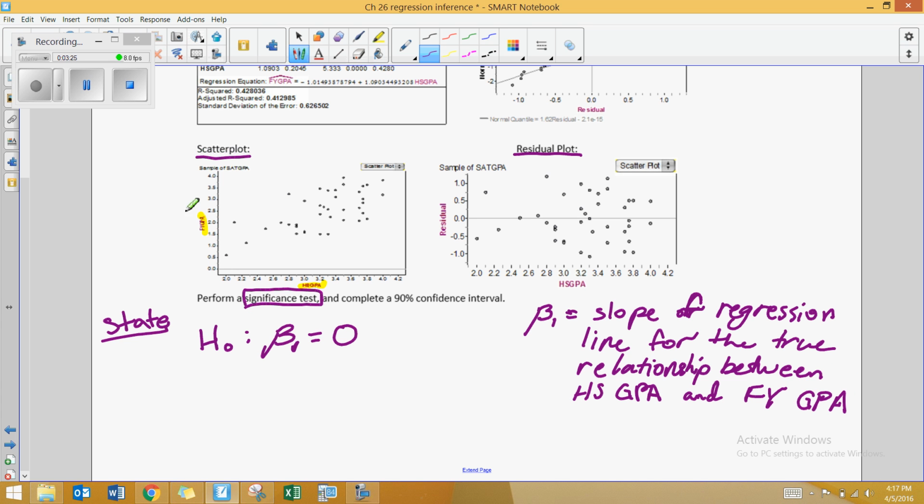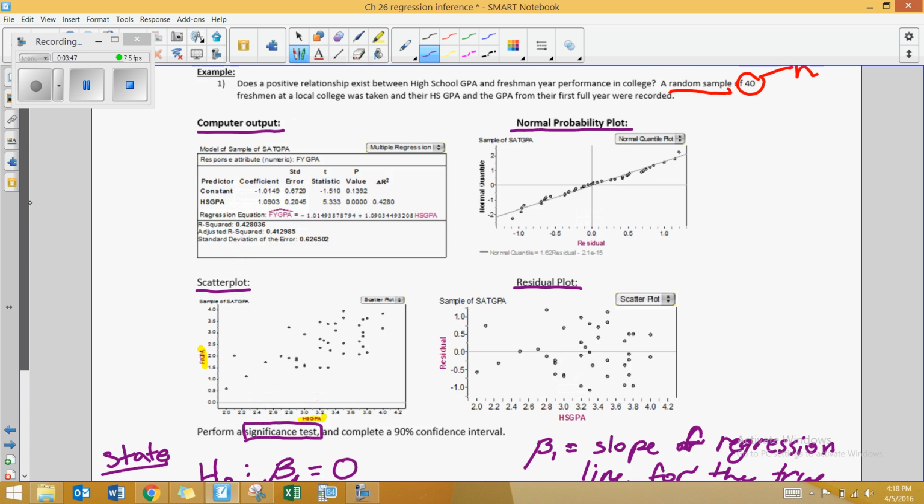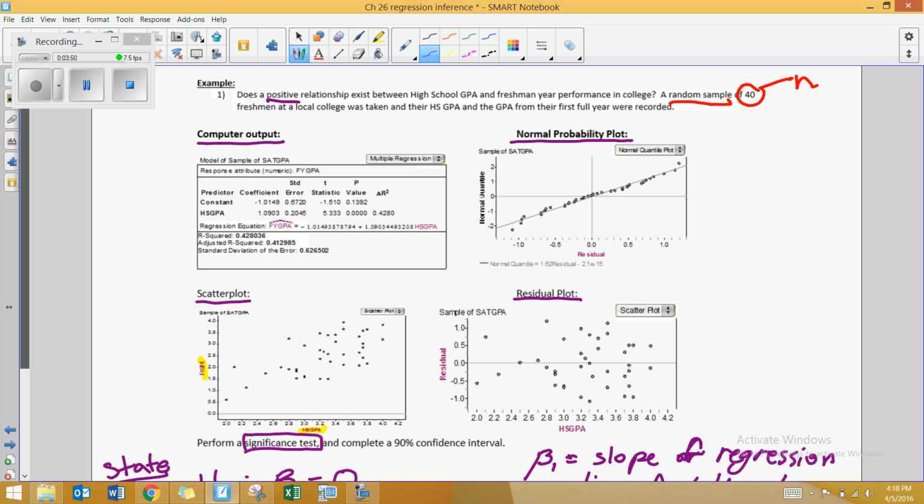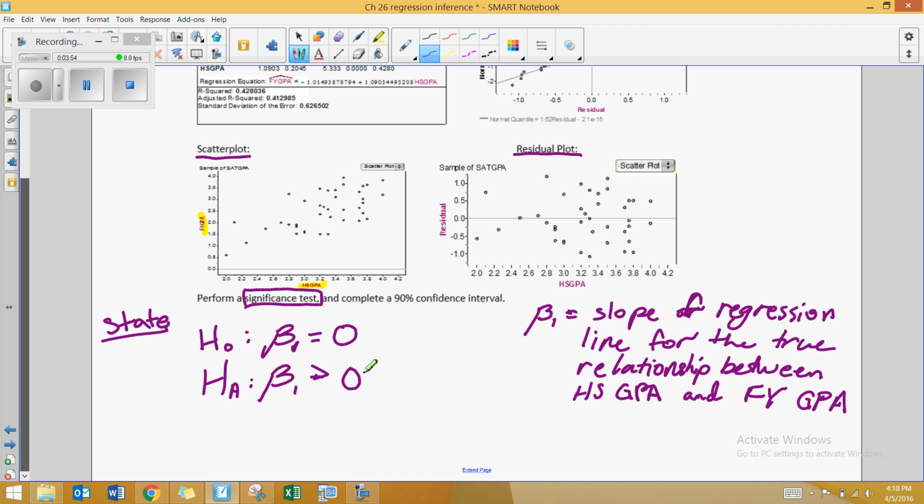I'm just abbreviating them the exact same way that I see them out there. If you would really like to, you could write those out in words. Okay, so my null is that there is no linear relationship between these two variables. My alternative is that there is. More specifically, looking back at the original problem, does a positive relationship exist? So is that slope positive?